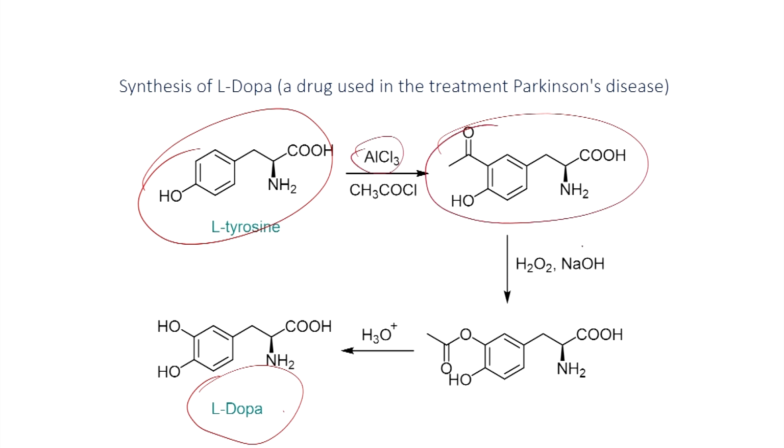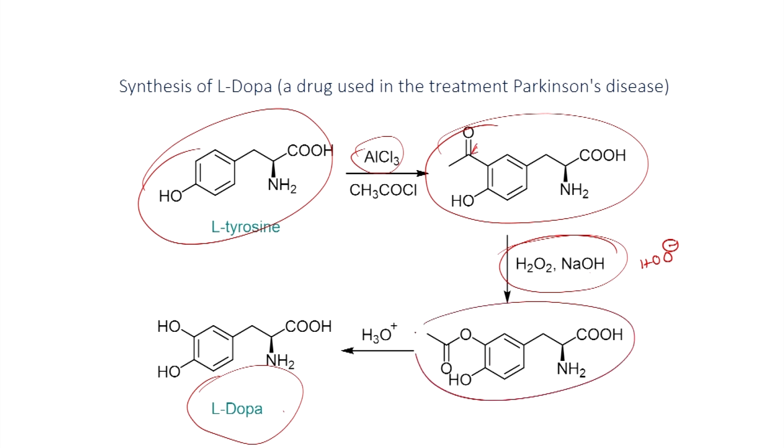Once you form this, you oxidize it in the presence of sodium hydroxide, as we have just seen, which can undergo addition reaction with this ketone, and then you will be able to form this ester. Once you form the ester, you can do the hydrolysis, and in this way you introduce the hydroxy group.